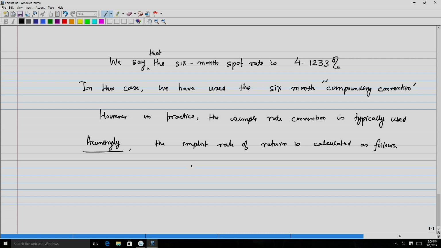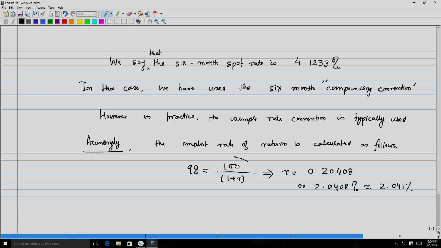So, accordingly we will calculate this as follows, that 98 is equal to 100 divided by 1 plus R, which gives you R to be equal to 0.20408, or this is 2.0408% or approximately 2.041%.